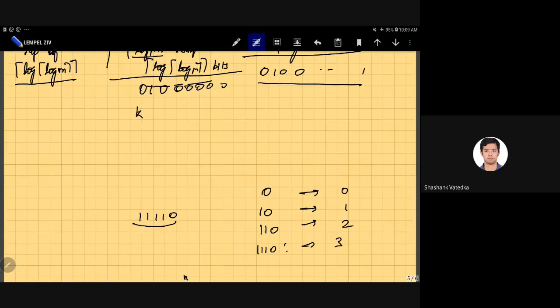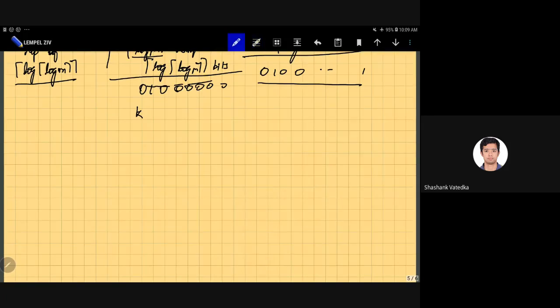Suppose that I want to represent the integer 10 in this prefix-free fashion. So what is 10 in binary? It's 1010.